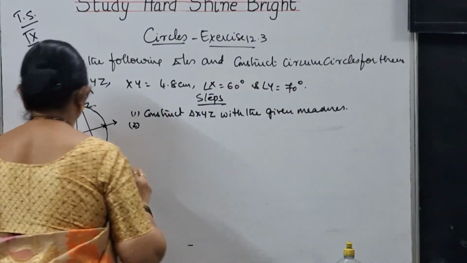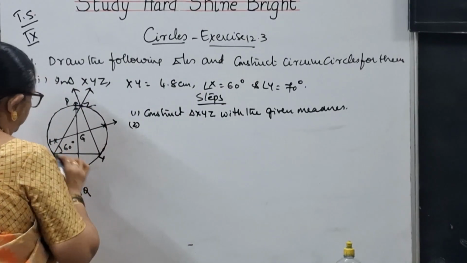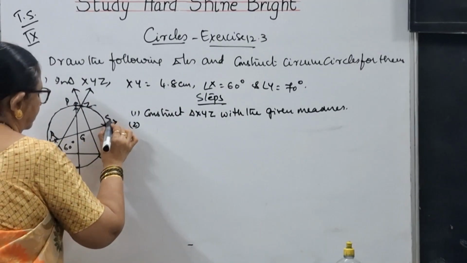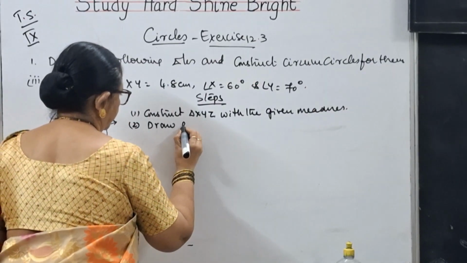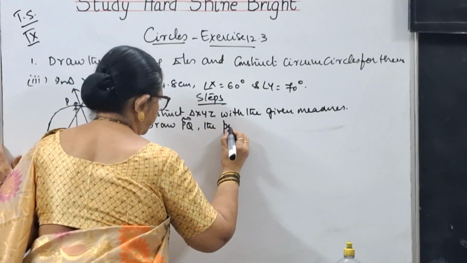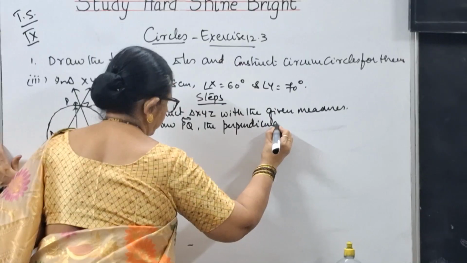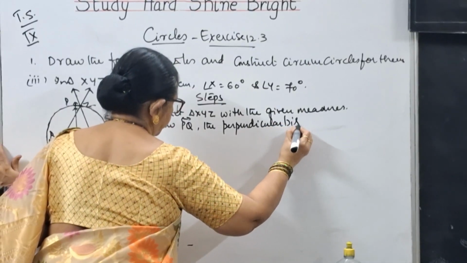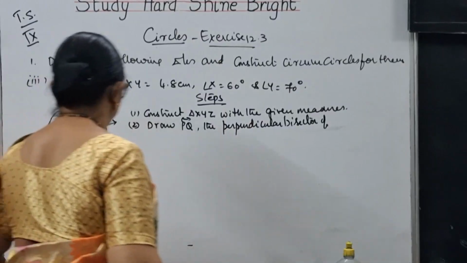And second one, draw. Let me name this as PQ and this as RS. Draw PQ, the perpendicular bisector of XY.